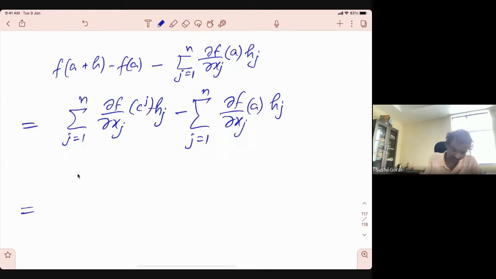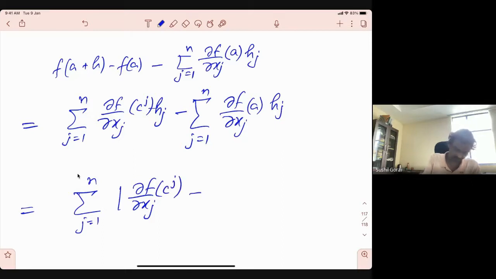Now we can put summation j equal to 1 to n of del f by del xj at cj minus del f by del xj at a, times hj.